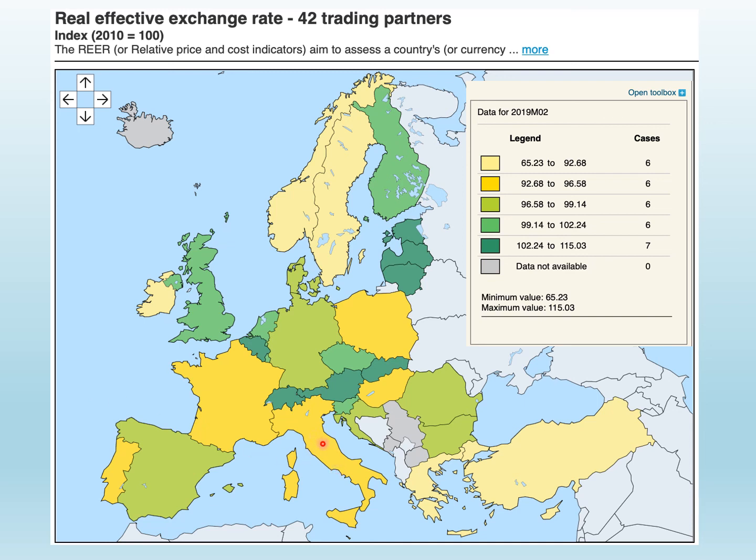So Italy has been forced to become more competitive. Greece has been forced to become more competitive, but other countries like Spain, the UK, the so-called low countries, Germany, these countries are all less competitive than they were before.